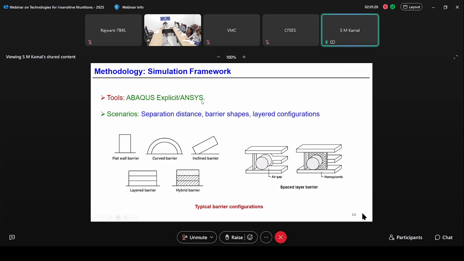Then we are going to use simulation tools like Abaqus Explicit solver or ANSYS, and we are going to consider scenarios where we'll be varying the separation distance, barrier shapes, and layered configurations. Here, as a representative, we are showing some typical barrier configurations. So we'll play with this.